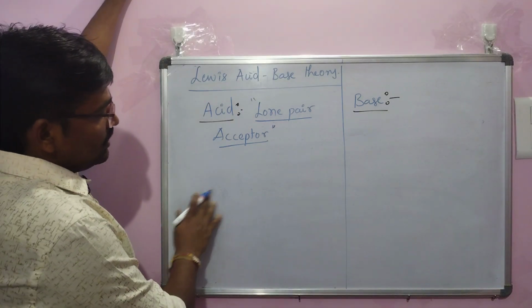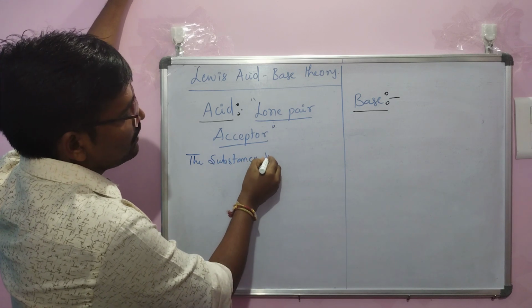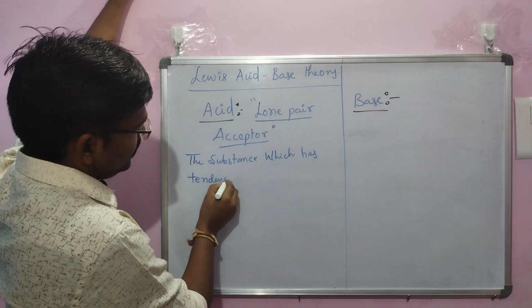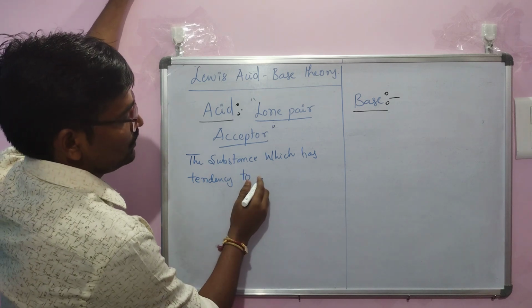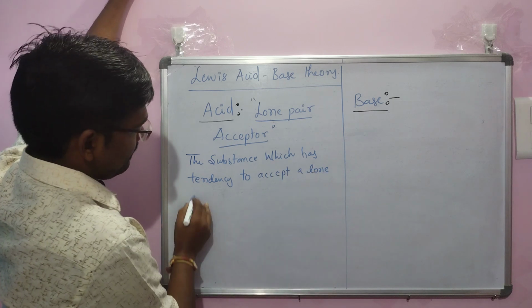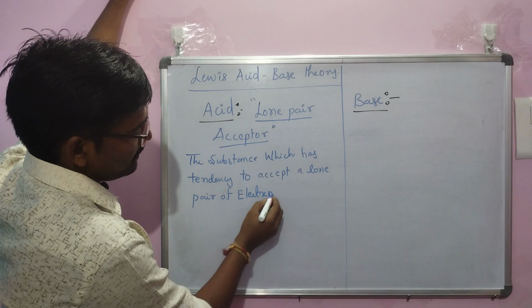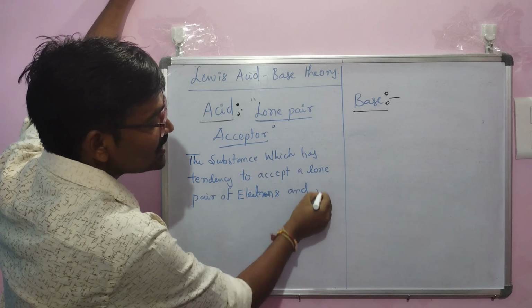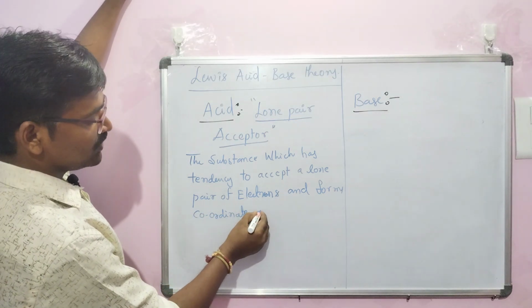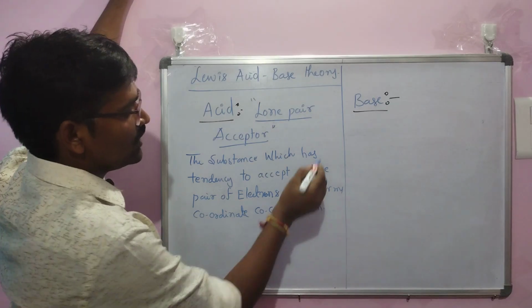The substance which has the tendency to accept a lone pair of electrons and forms a coordinate covalent bond.